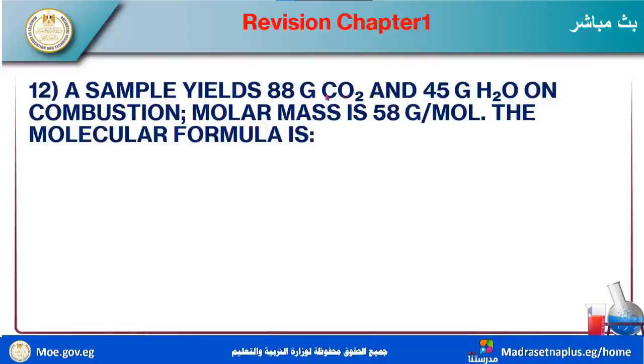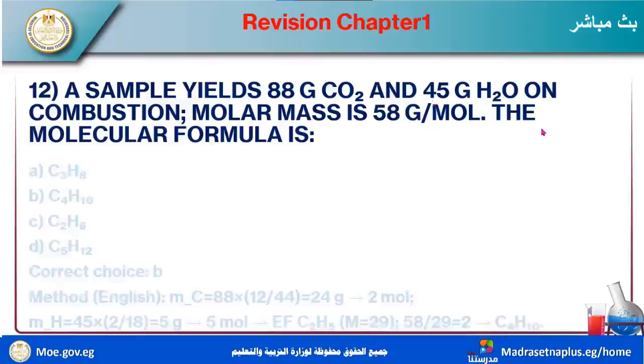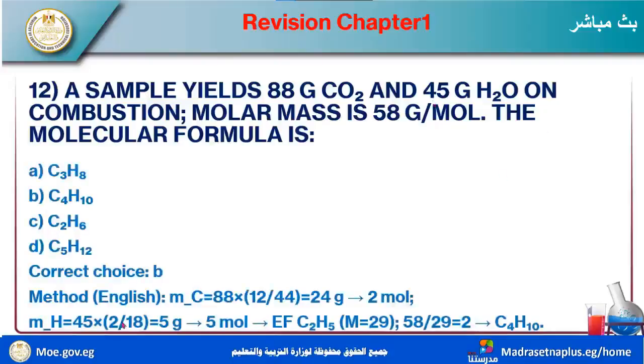For hydrogen, 45 divided by 18 gives a fractional number, 2.5 moles of water. So the number of moles of carbon equals 2, and hydrogen equals 5.